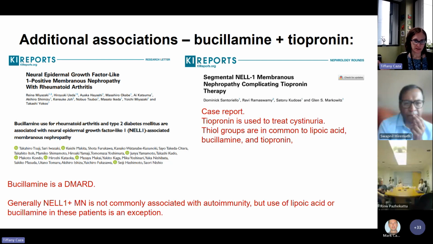Both of these drugs, as well as lipoic acid, have these thiol groups, which are thought to be potentially a common mechanism in inciting membranous nephropathy. NELL1 membranous is not typically seen in membranous lupus nephritis. However, if patients are taking lipoic acid or butylamine for treatment, that can be seen.